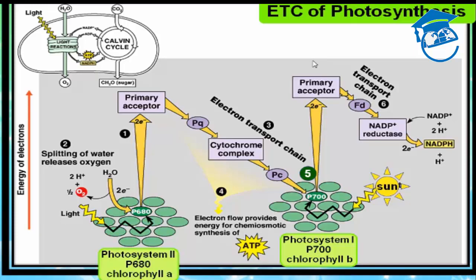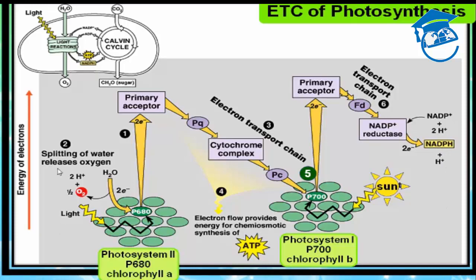So this is how it is, because as you can see, this primary acceptor from PS1, that is P700, goes to the electron transport chain and to the NADP plus reductase, which produces NADPH plus proton.